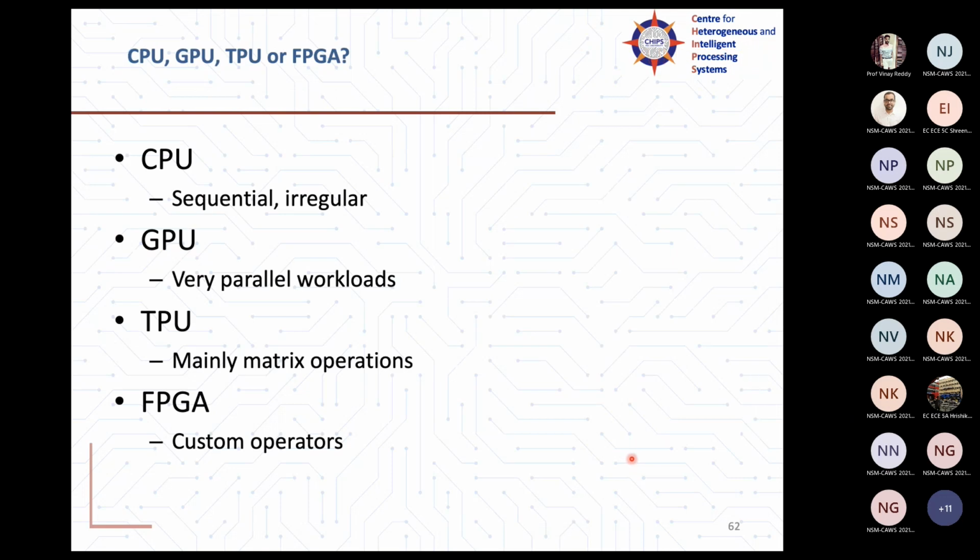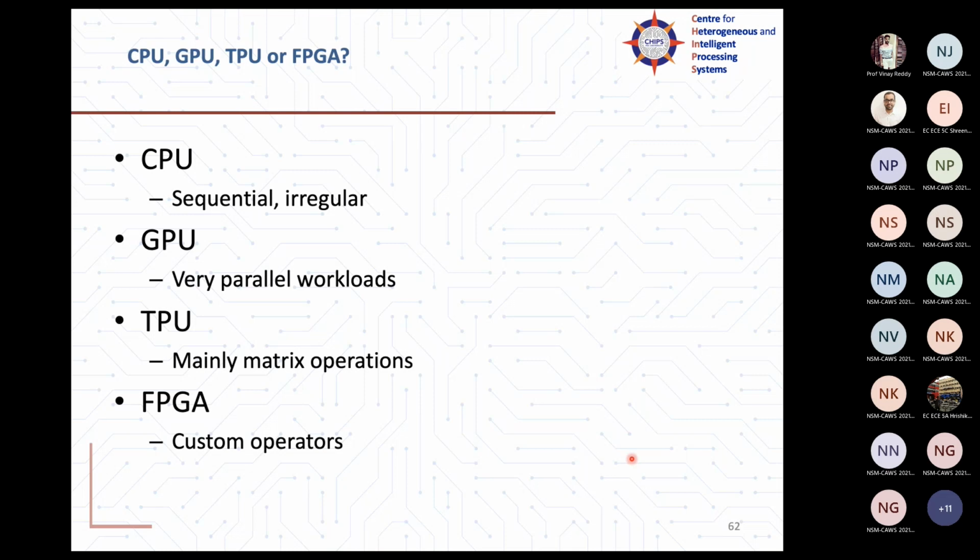Okay, so to summarize, there is a place for each kind of operator in the diversity of applications. It's never to say that FPGAs can beat all kinds of processing structures that have been there. There will be a place for CPUs, GPUs, TPUs, and FPGAs in computing environments.